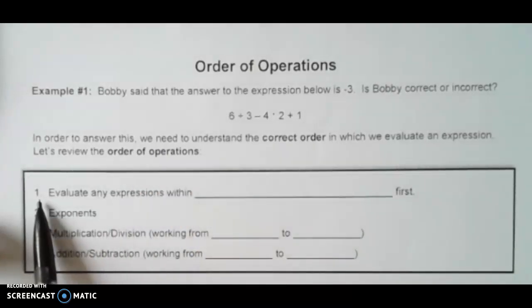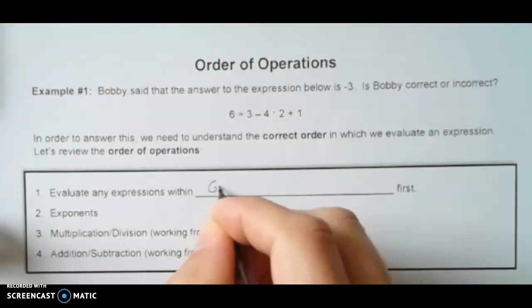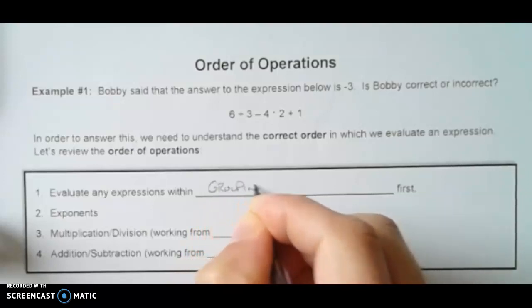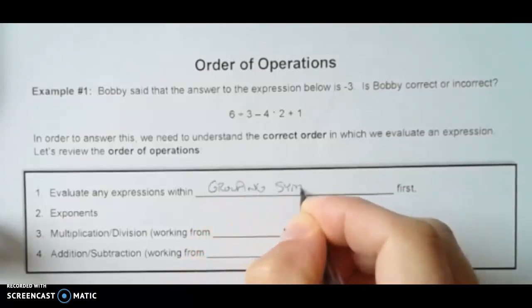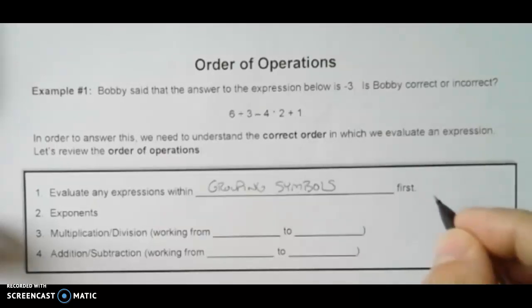The very first thing that you're going to have to do whenever you're looking at an expression is evaluate any expressions within grouping symbols. Any operations within grouping symbols need to be evaluated first. The most famous grouping symbols would be parentheses.